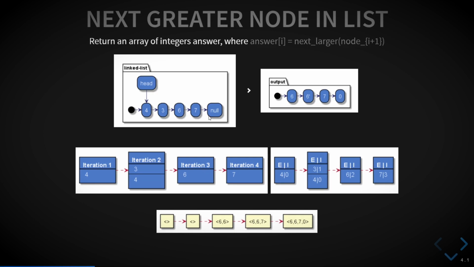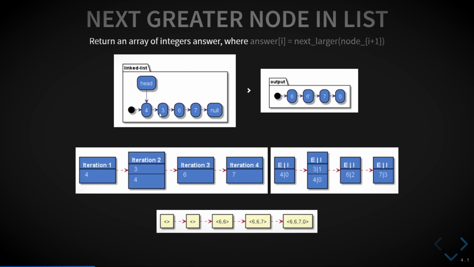In return, we have to return an array or linked list where each element is the next greater element than the current element in the list. For example, 6 will be placed first as it is closest to the 4 in the linked list from left to right, so it will be placed here in the output array.